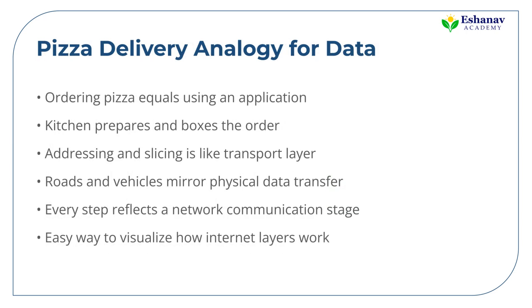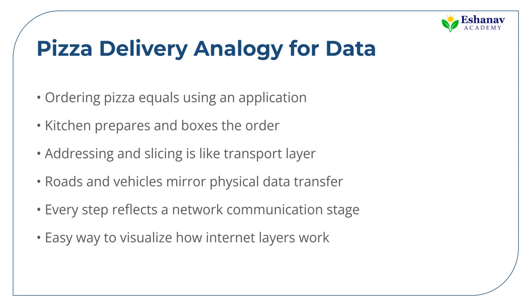To make all this less abstract, let's visualize it with something delicious, pizza. When you order a pizza online, you're acting at the application layer. The order gets processed, formatted, and handed to the kitchen. That's like the presentation and session layers. Then the pizza is sliced, boxed, and tagged with your address, transport and network layers doing their job.